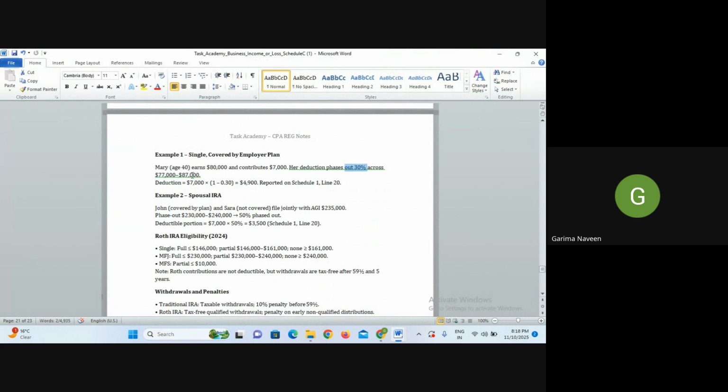Here our AGI is $3,000 more than $77,000, so our excess AGI is $3,000. $3,000 divided by this $10,000 limit, we get 30%.